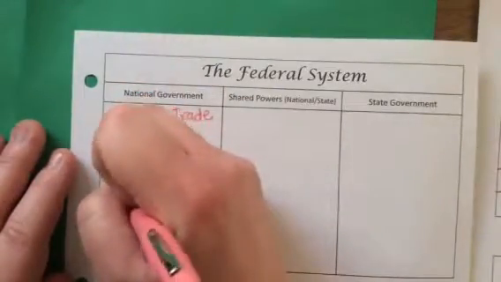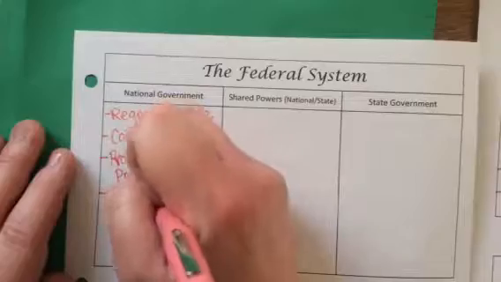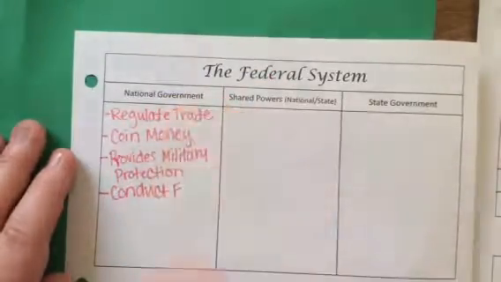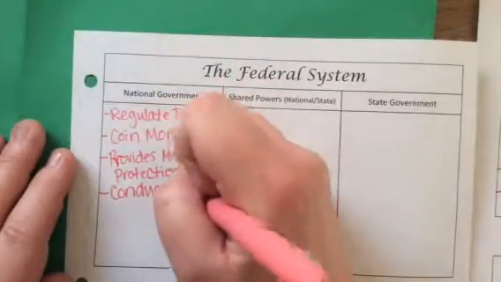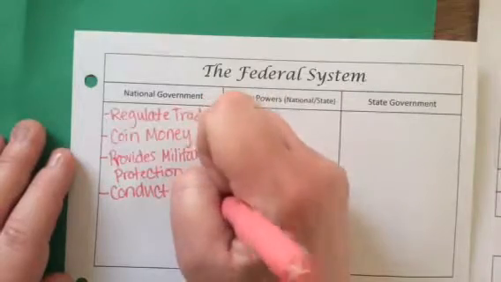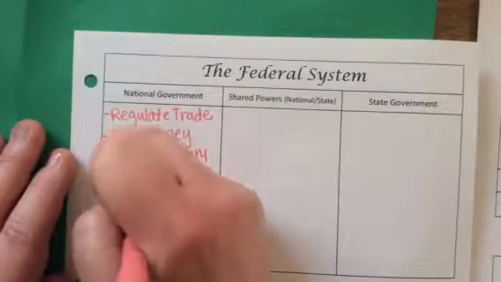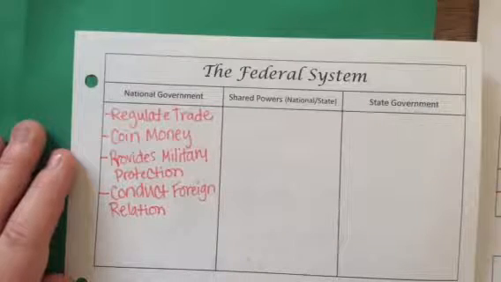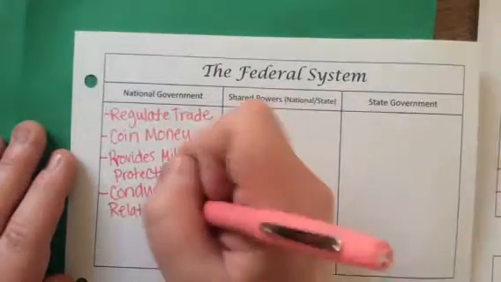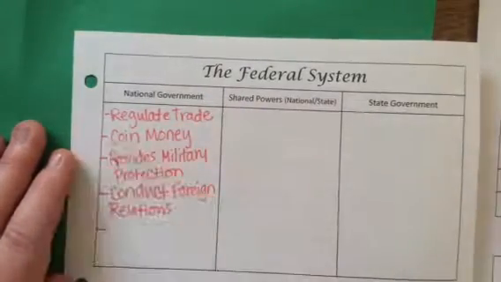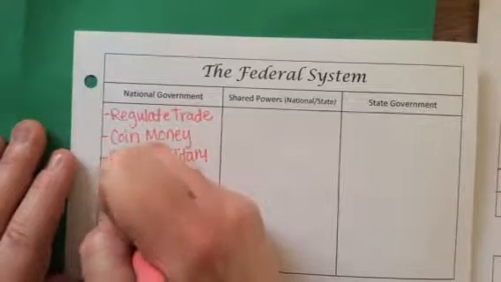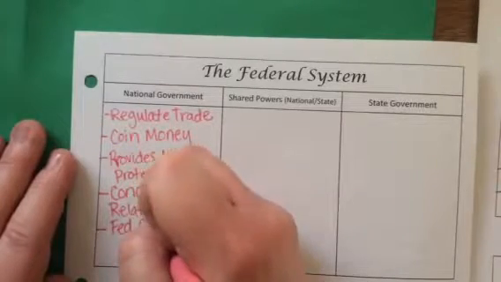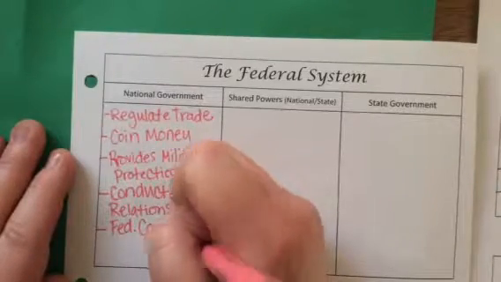We also see that the national government can conduct foreign relations. We make deals, trade deals, peace deals, all kinds of things like that with other nations. And mostly the president is over that. And then also there's a federal court system that is managed by the national government.